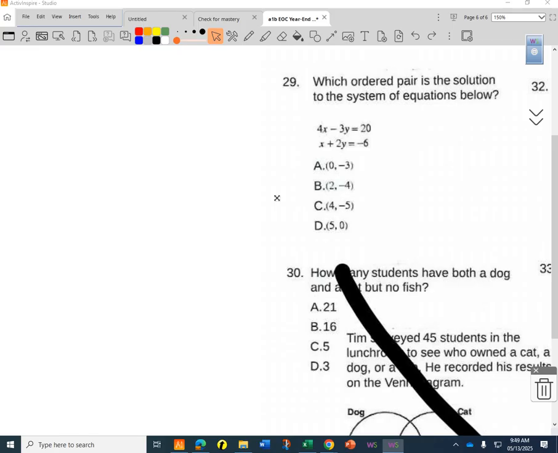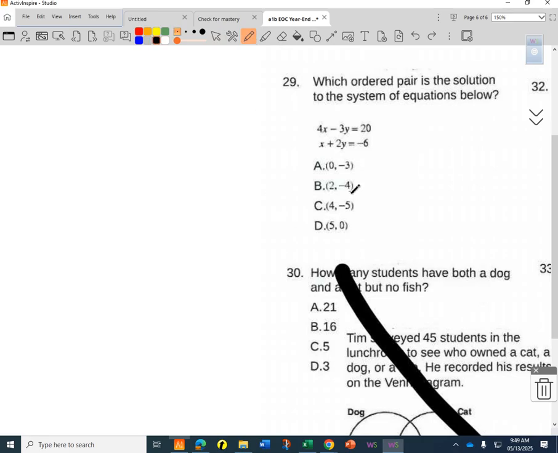My personal favorite is elimination almost no matter what, unless it's just a really simple substitution. Since neither of these equations are solved for x or y, the x's, the y's, and the constants are all lined up to make our work a little bit easier.